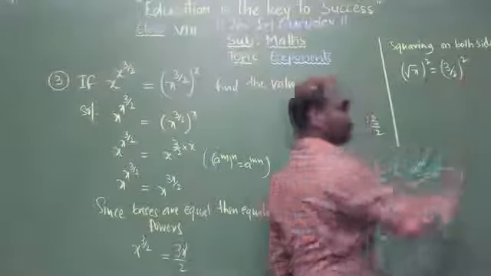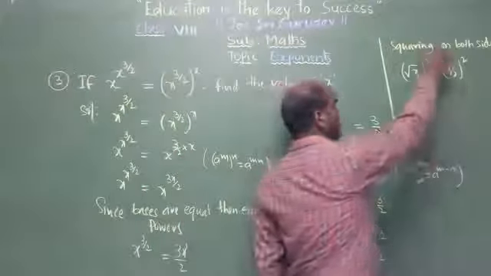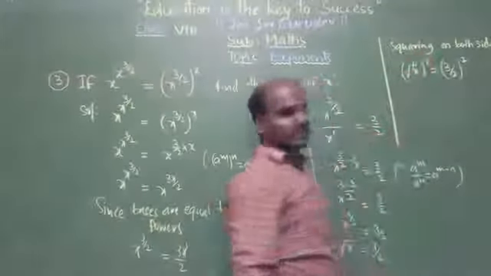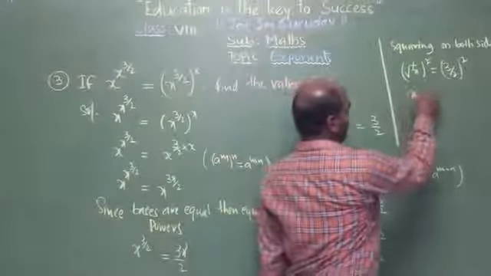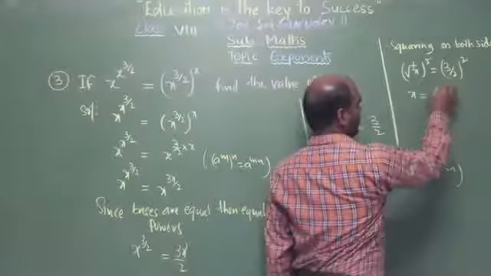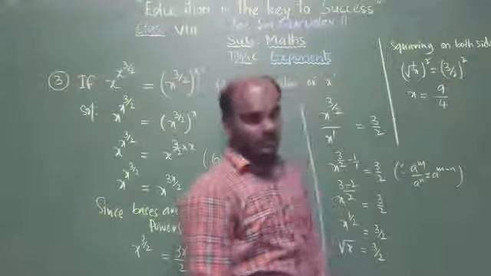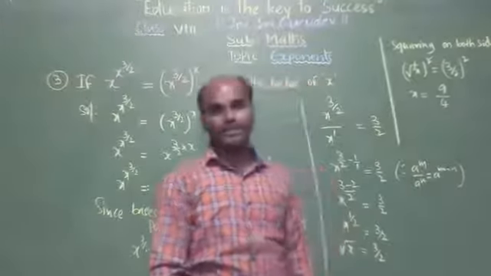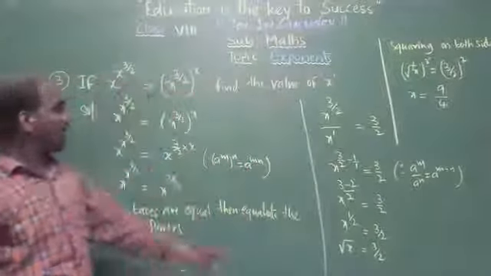Both sides we are squaring, then the square is cancelled. Yes or no, children? Then x is equal to 3 square, which is 9, over 2 square, which is 4. So what is the x value, children? 9 by 4. Means 9 by 4 is the value of x.